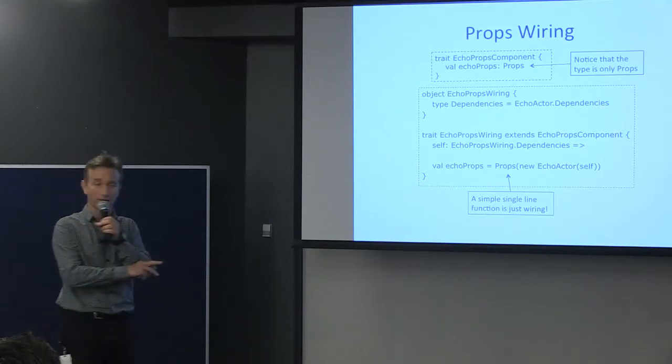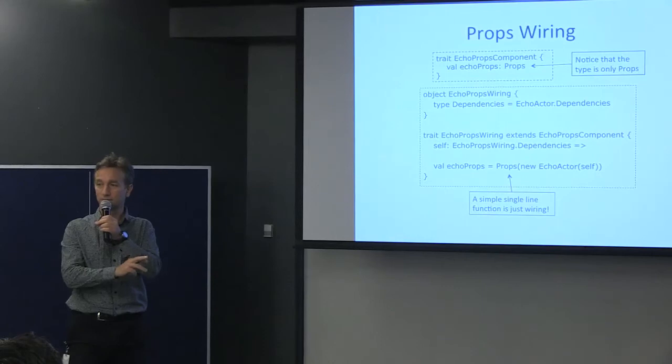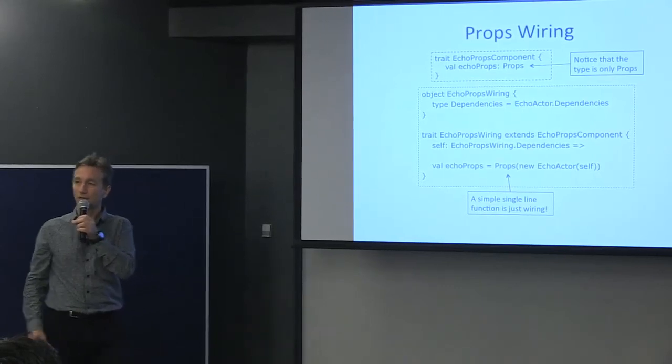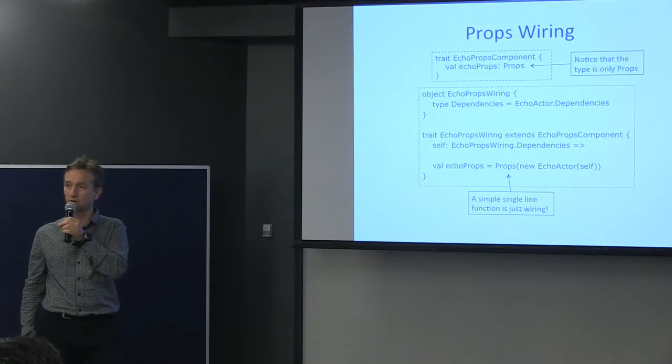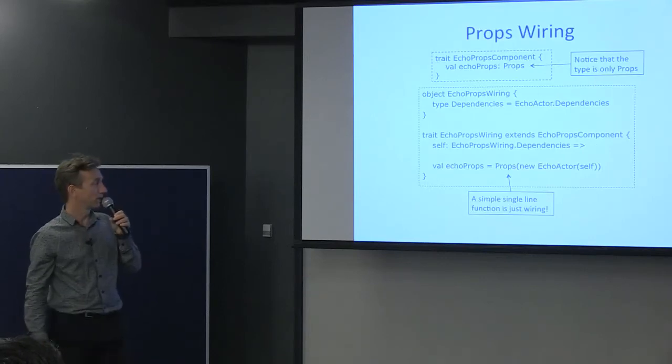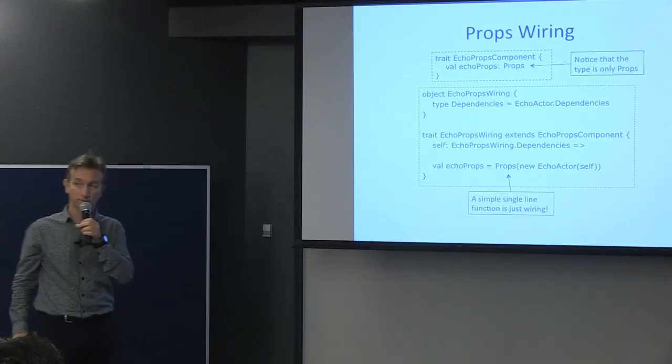If you do it a different way, i.e. Props class of EchoActor comma self or whatever, then even if you get the types all wrong, it will still compile, and that's not great. I think there's some flux in the Akka development as to which way this is going to go in the future anyway.